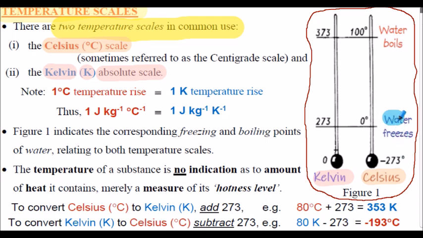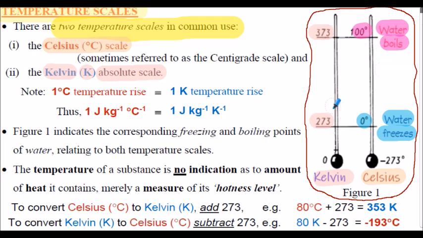We know water freezes at 0 degrees C and water boils at 100 degrees C. In terms of the Kelvin scale, water freezes at 273 K and water boils at 373 K. So what we notice straight away is that the increments of the Kelvin scale and the Celsius scale are the same. There's 100 degrees C between water freezing and boiling, and we can see there's 100 K between the water freezing and the water boiling on the Kelvin scale.